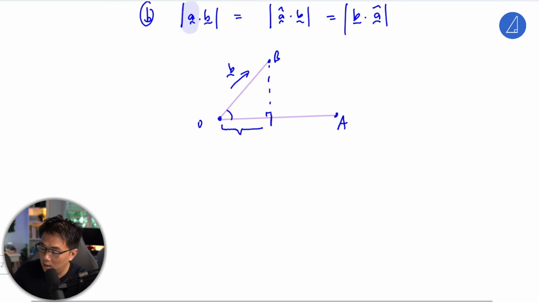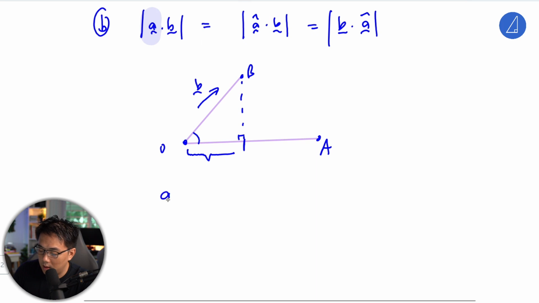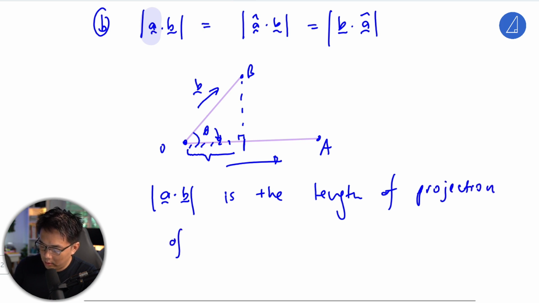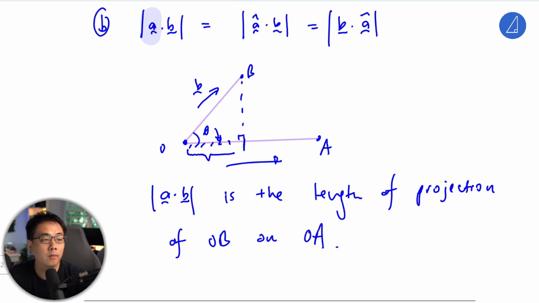So it's A dot B, because this is a unit vector, right? This is the length that you're looking at. So it is the length of projection of OB on OA. Okay, there you go, done.